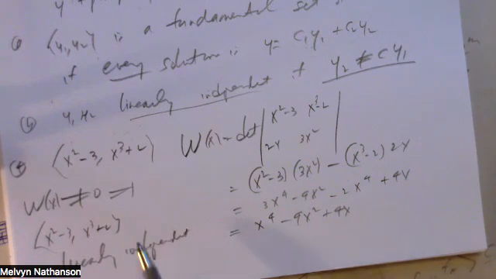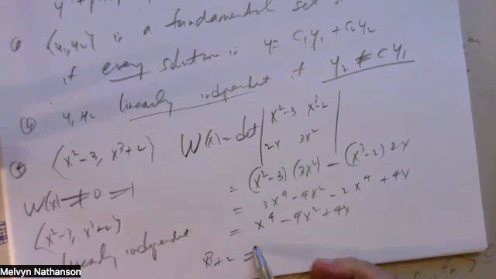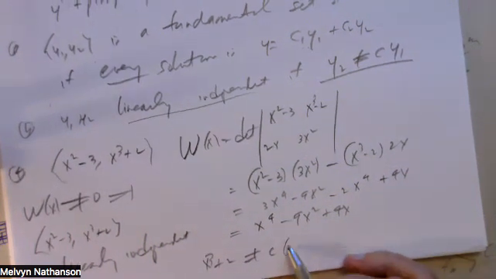And you can also show directly that x cubed plus 2 cannot be a constant multiple of x squared minus 3, because this has degree 3 and this has degree 2. So that's it. Okay.